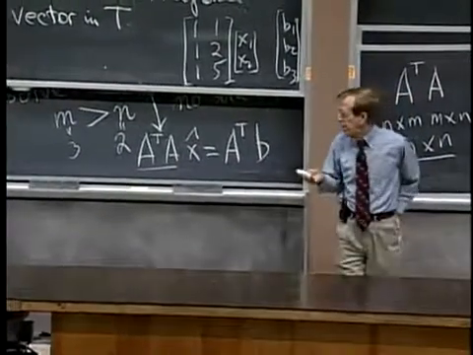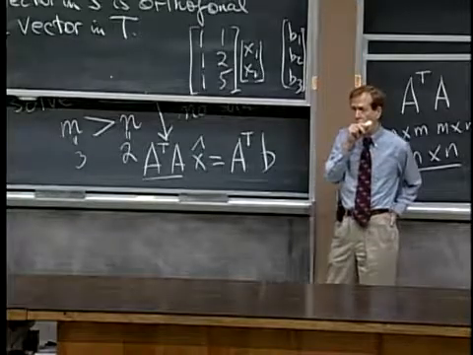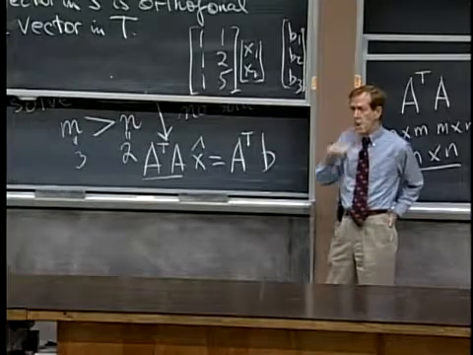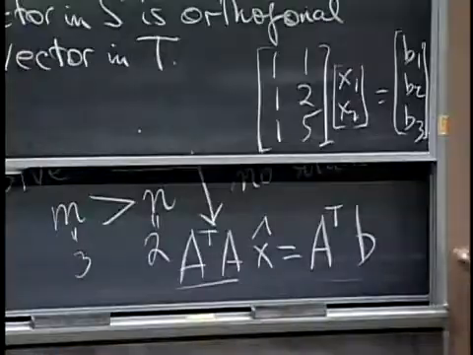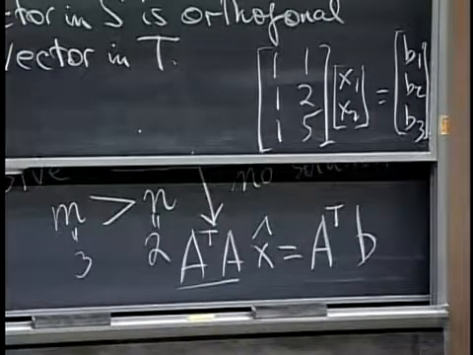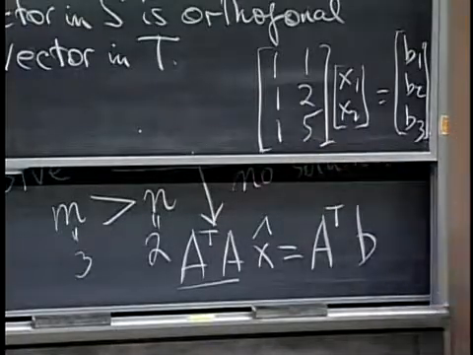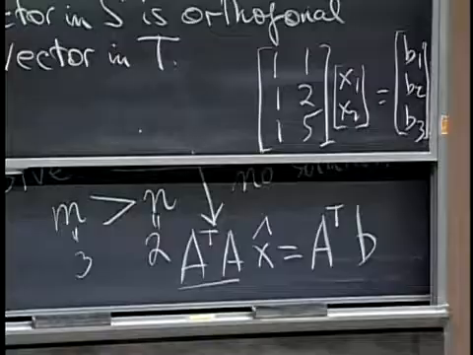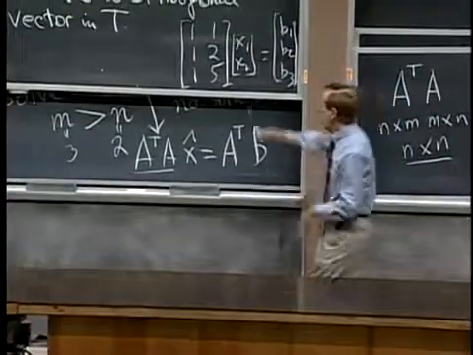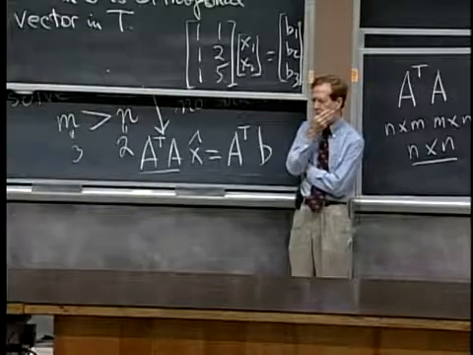We can only solve it if this vector b is in the column space. If it's a combination of those columns, then fine. But usually it won't be. The combinations just fill up a plane, and most vectors aren't on that plane.